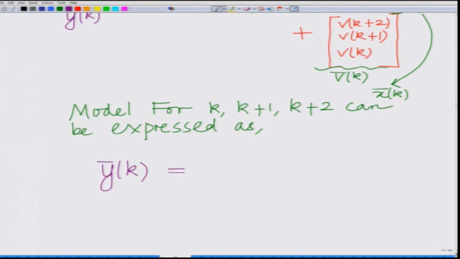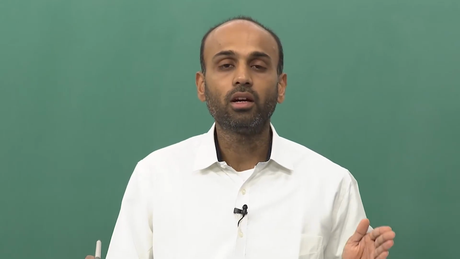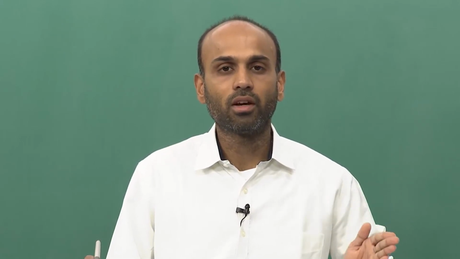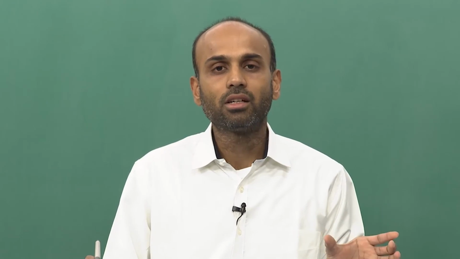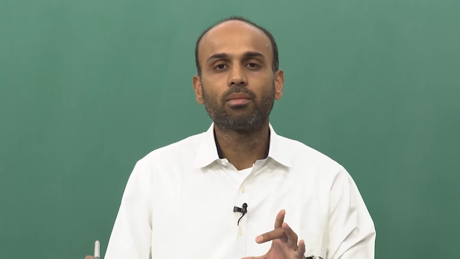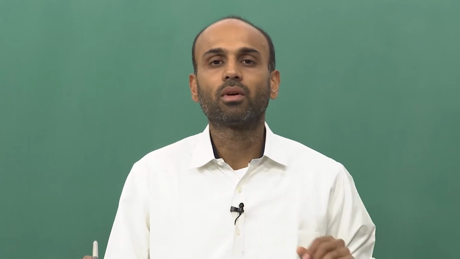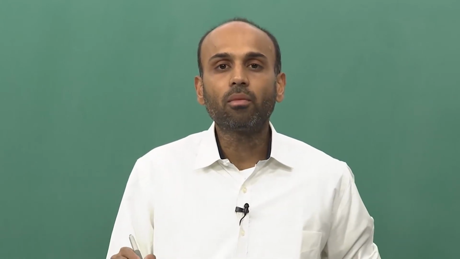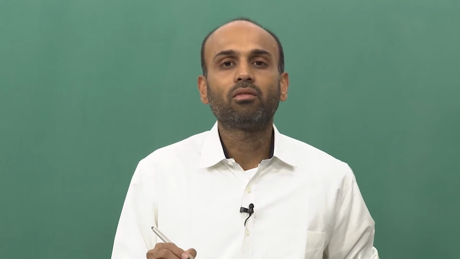This is the model that we have developed for a 3-tap equalizer, where y bar k is a vector consisting of observations Yk plus 2, Yk plus 1, Yk in that order, equals the matrix H times the vector xk plus 2, xk plus 1, xk, xk minus 1, plus the noise vector Vk plus 2, Vk plus 1, Vk.